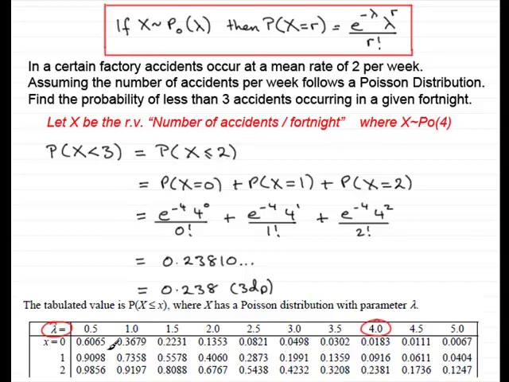So all we need to do is go to 2 where x is equal to 2, go along this row, underneath lambda is 4, and you'll see that you've got this value 0.2381 printed.